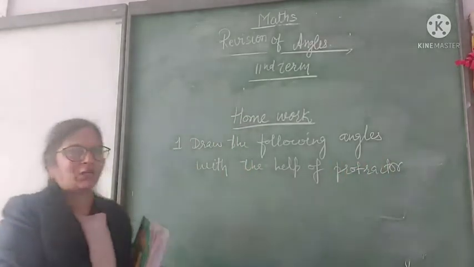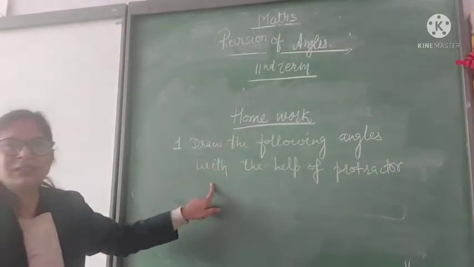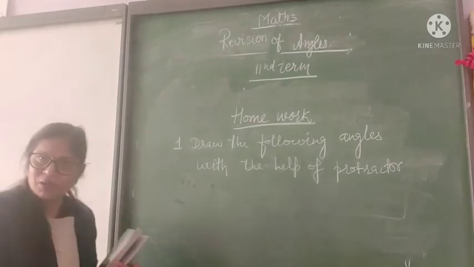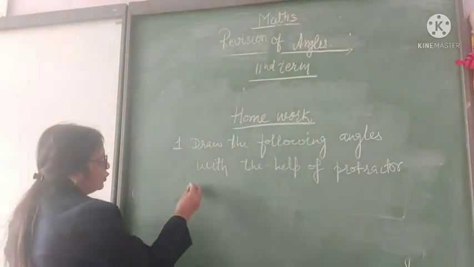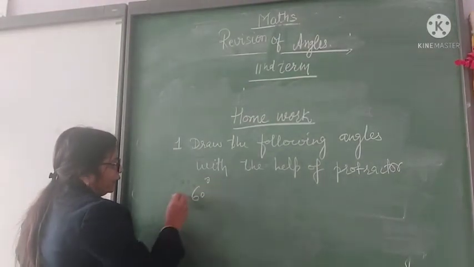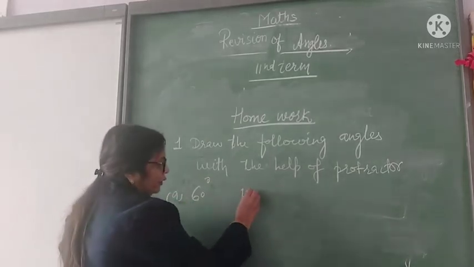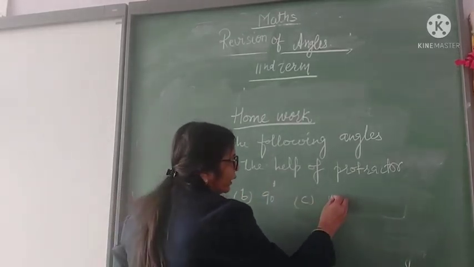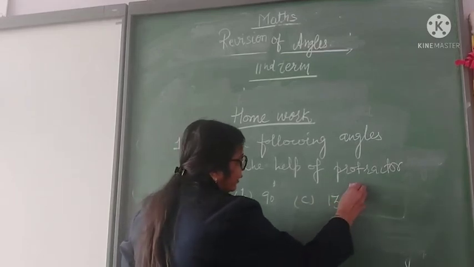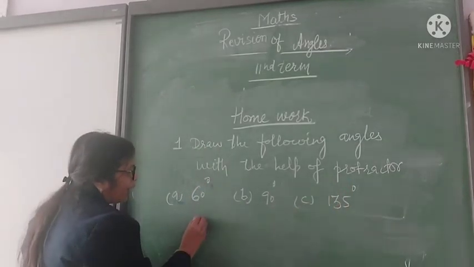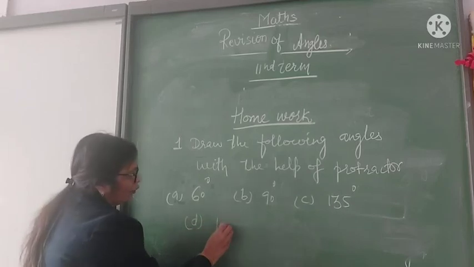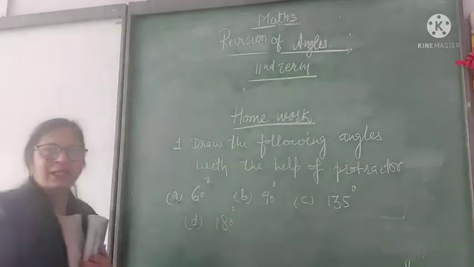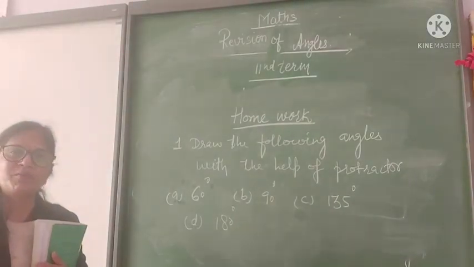Children, now this is the question. Draw the following angles with the help of protractor. All of you have a protractor at home. You will draw 60 degree, 90 degree, 135 degree, and the last but not the least 180 degree. These angles you will draw with the help of protractor.